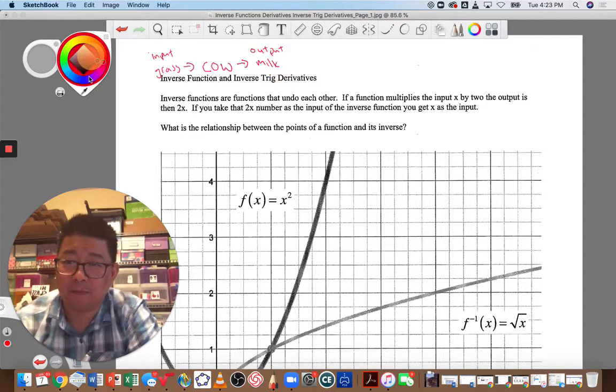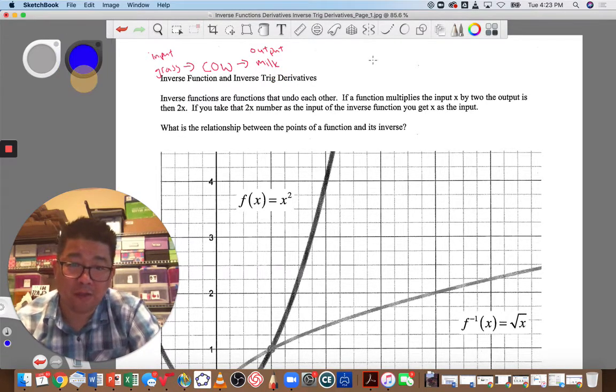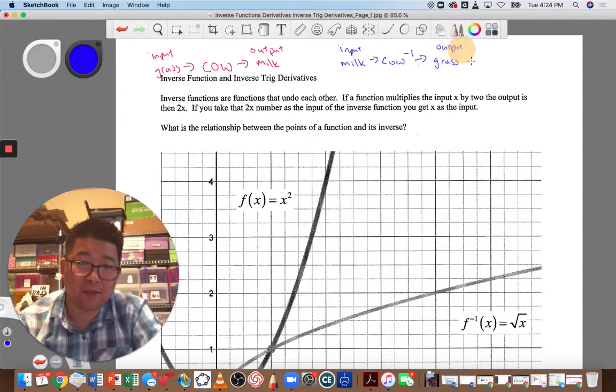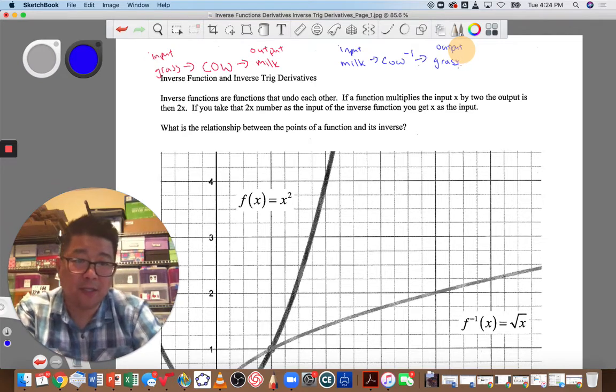Anyway, the inverse cow, that'll be our inverse function. We represent that with a little -1. The input for the inverse function is what the function's output was, in this case milk, and we put that into the inverse cow, whatever that does, then we should get out whatever caused the milk. So in this case, what comes out of the inverse cow will be grass. Okay, not the best example, but hopefully it kind of makes sense.